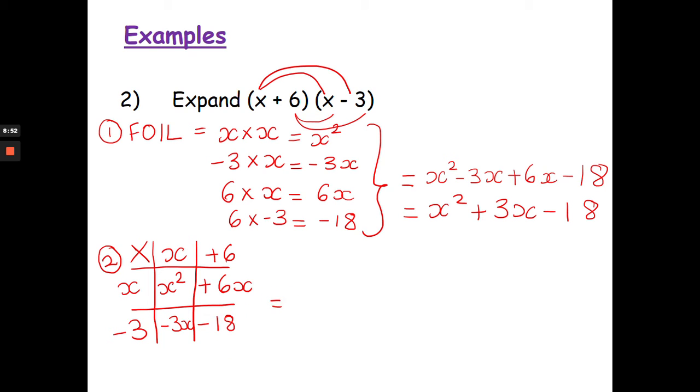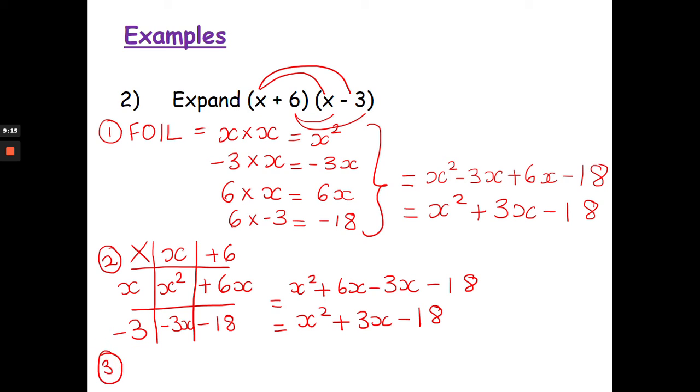Which again can be written as x squared plus 6x minus 3x minus 18, which simplifies to x squared plus 3x minus 18. So our last method was breaking up the bracket and multiplying it with everything in the second bracket.